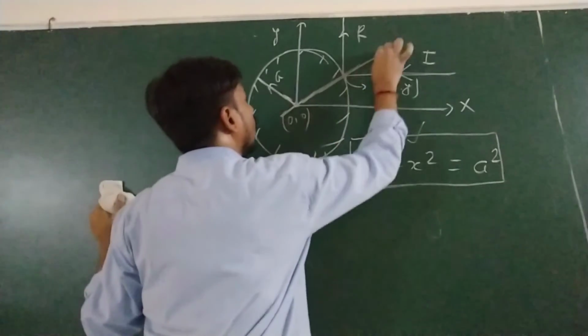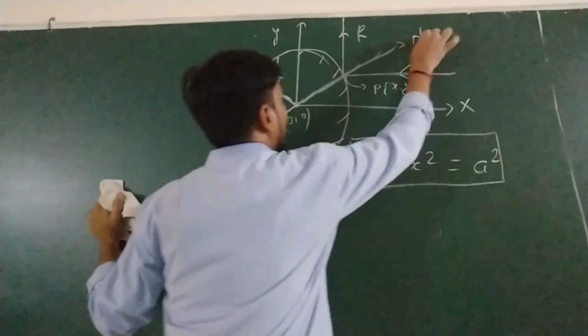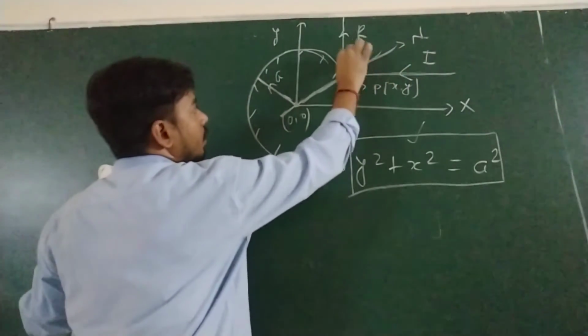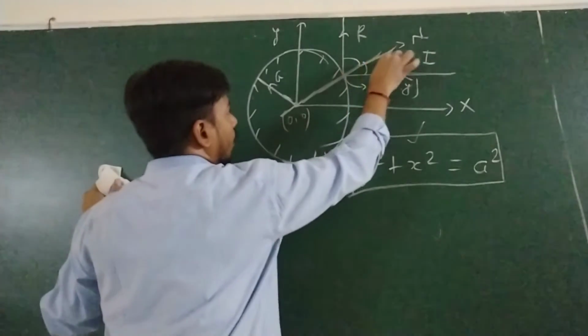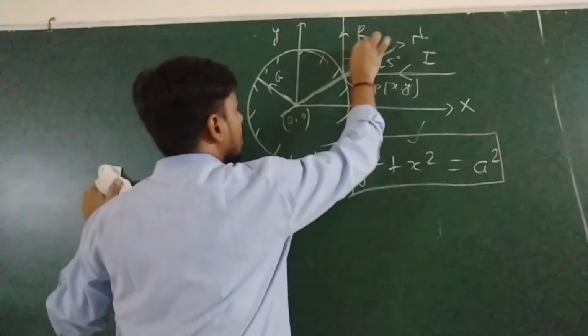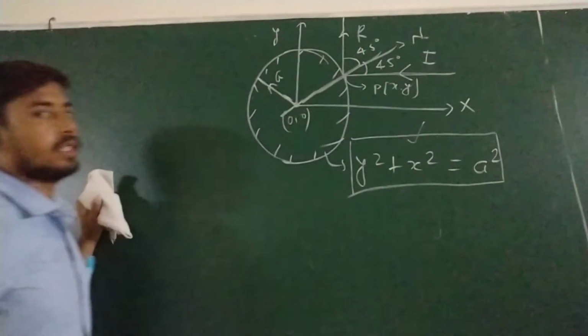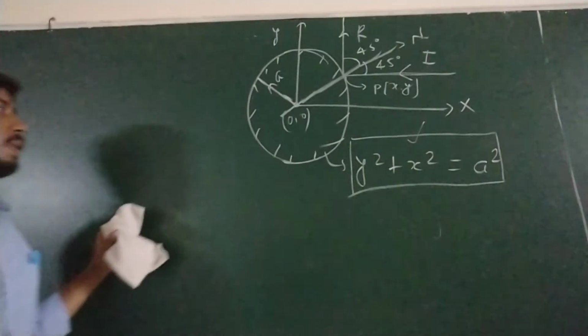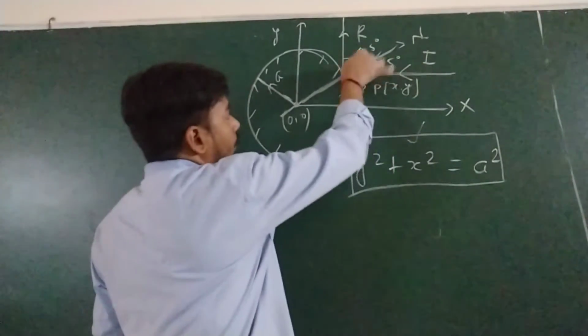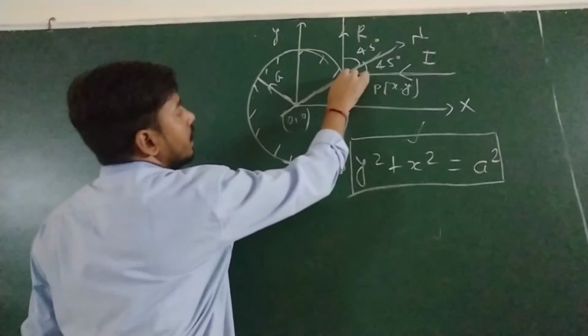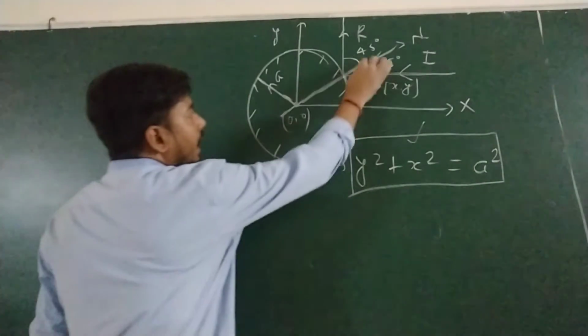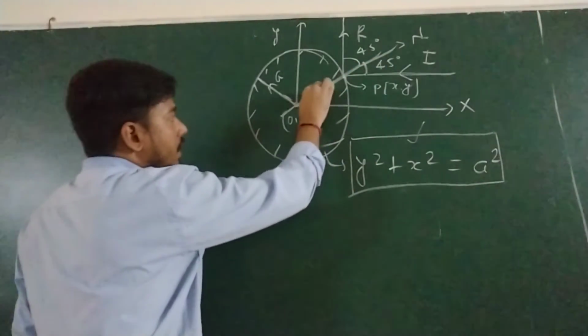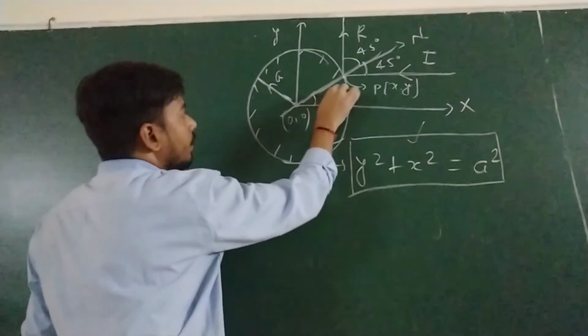This is the normal N. This is i, so this is also i. It means this is 45 degrees, so this is also 45 degrees. So basically this line came at 45 degrees, and you can find this point's coordinate.